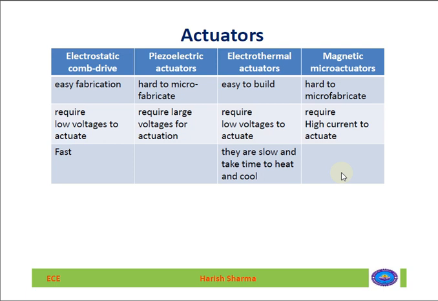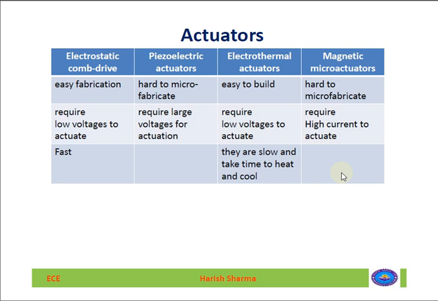The electrostatic comb drive requires low voltage for actuation. Very low voltage can give the required displacement. Piezoelectric actuators require high voltage for motion. Electrothermal actuators require low voltage again, and magnetic actuators require high current for actuation.